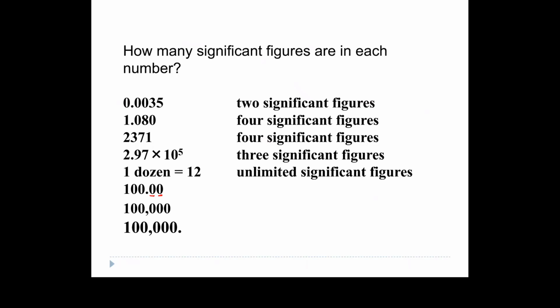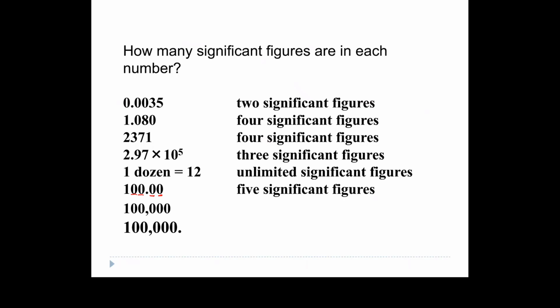Because they're trailing zeros after a decimal, okay? So they count. What about these? Well, should we define them as trailing zeros before a decimal? Or should we define them as interior zeros? Yeah, either way, they're significant. Both of those things are significant, right? So these are all significant, and we get 5 sig figs.